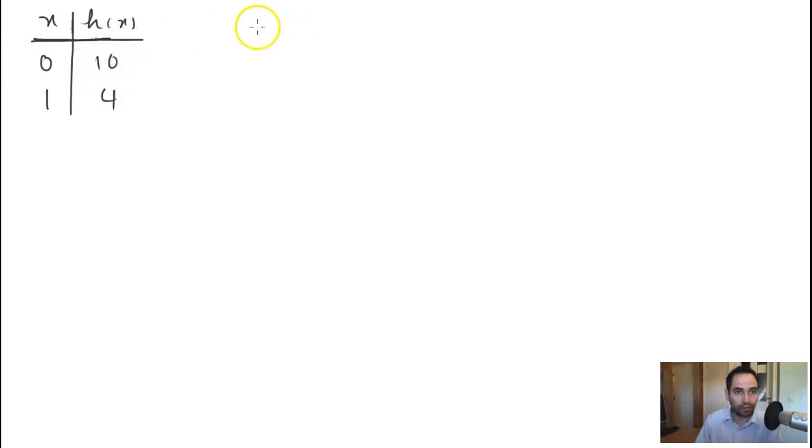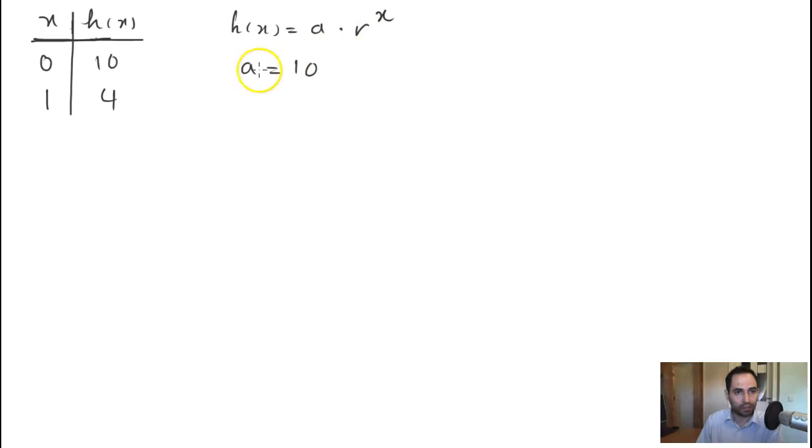So again, the general form of an exponential function is h of x is equal to a times r raised to the power x. Your a is the point where your input is equal to 0. Whatever that point is, that's your a. So your a is 10.